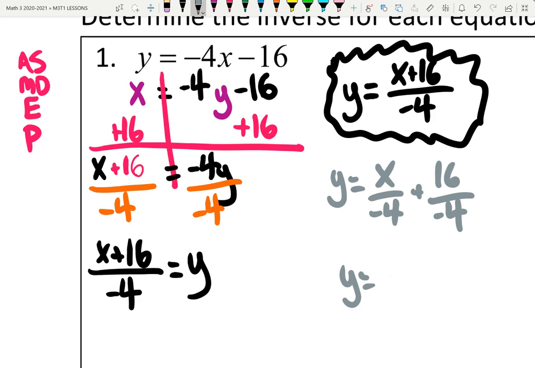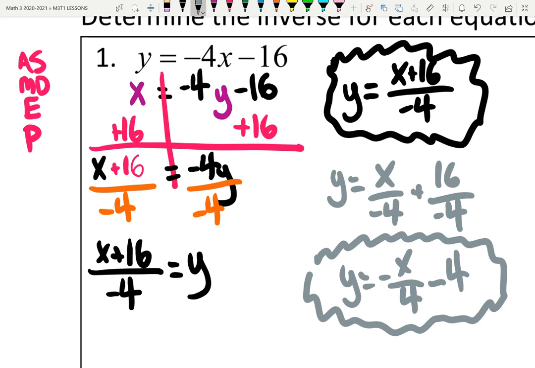That's okay. And then 16 divided by negative 4, a positive divided by a negative will be a negative. This is equivalent as well. Depending on the application, one situation might favor one representation over another.